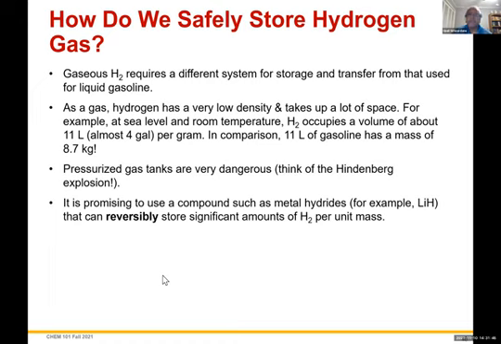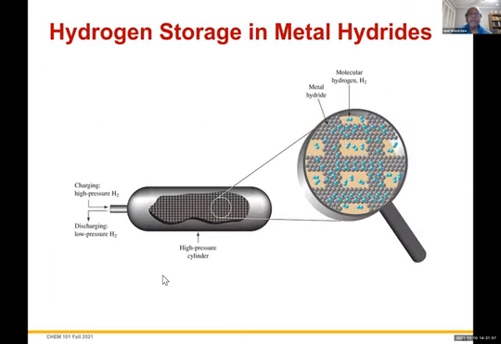They're trying to find storage materials, chemicals that store hydrogen and make it readily available for use in fuel cells. Storage in metal hydride is research going on right now. These could be included in storage tanks to release hydrogen as required. So they can store more hydrogen than a pressurized tank.